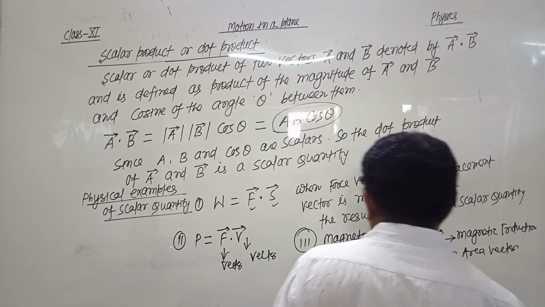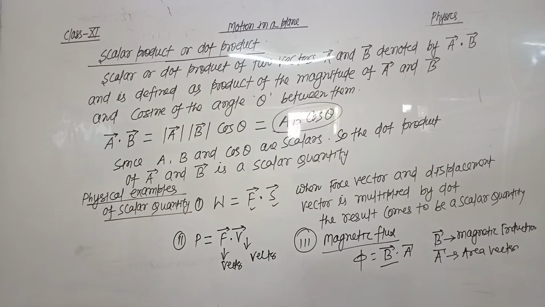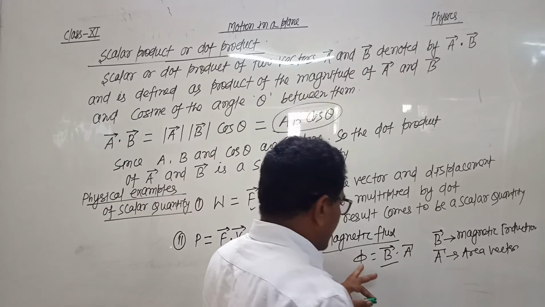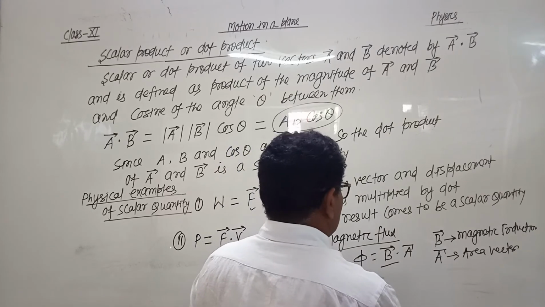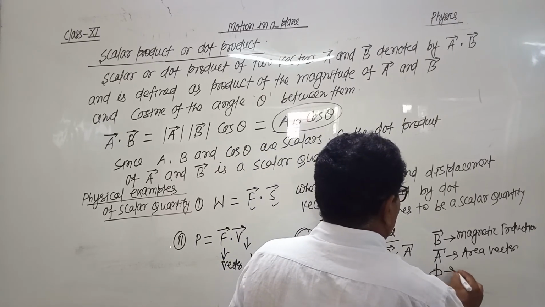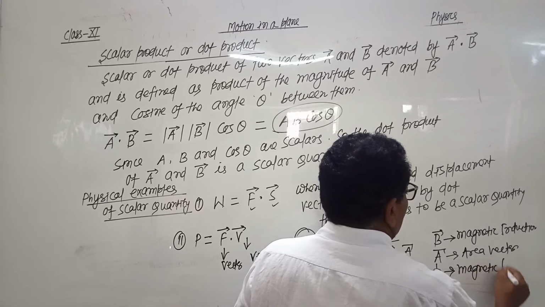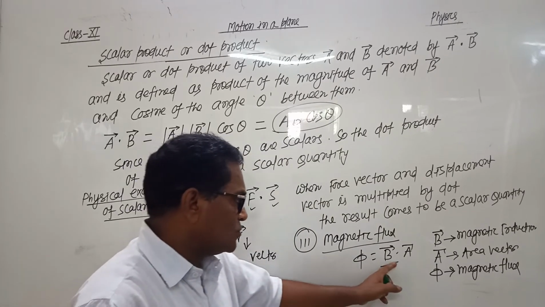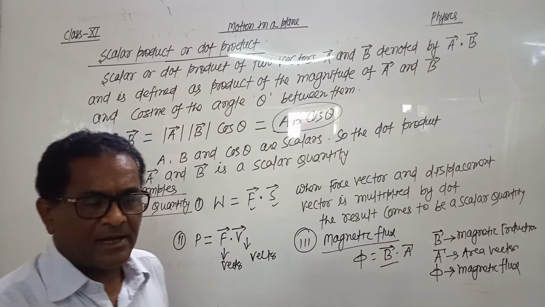So when magnetic induction B, which is a vector quantity, and area vector A are multiplied by dot, the result comes to be a scalar quantity. Phi is called magnetic flux, and magnetic flux is a scalar quantity.